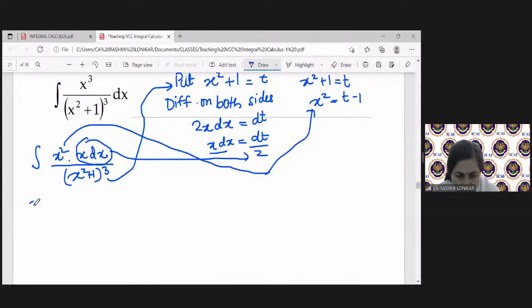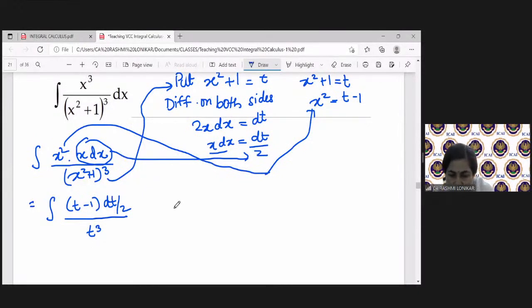So this becomes integral of, instead of x square, t minus 1. Instead of x dx, dt by 2. And in the denominator, what do I have? x square plus 1. Instead of that, I am writing t cube, because x square plus 1 is t.